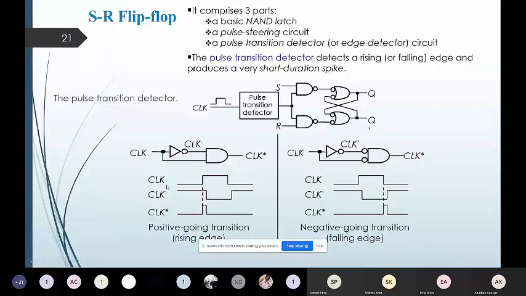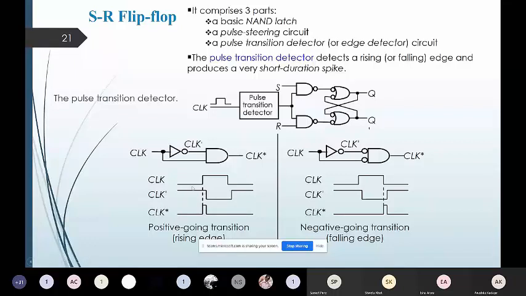So let's say the clock signal has this square wave representation. So clock dash will have exactly opposite outputs, but for the clock dash to be generated, that clock signal has to travel through this inverter, and that inverter will produce some delay in the transition of that signal.